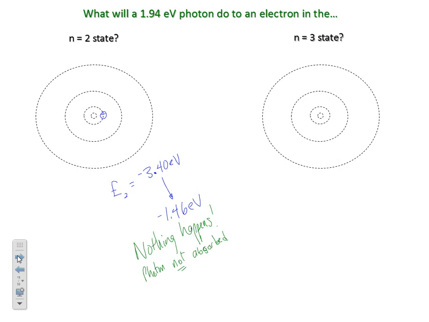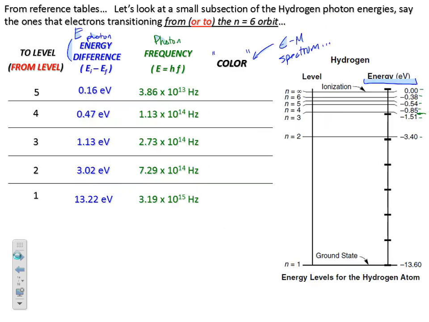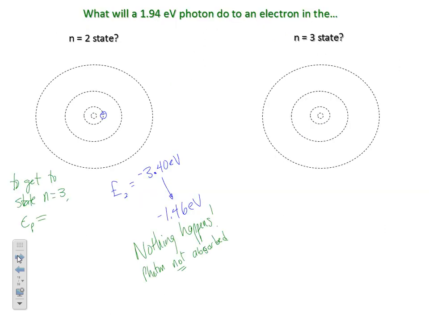So to get to state n equals 3, E photon has to be equal to exactly the difference in those two states. That's 1.89 or something. Yeah, I think it's 1.89. So E photon has to be exactly 1.89 EVs, no more, no less.